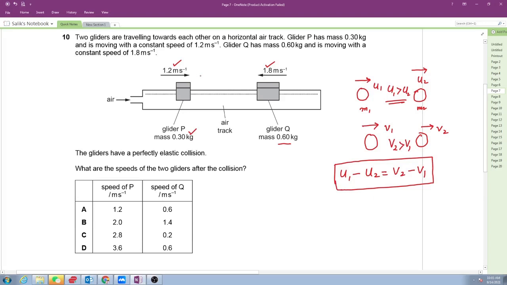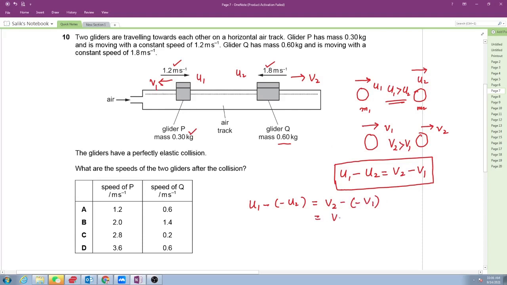If I consider this u1 and this u2, then I make the change in the equation. After collision, this one is going this way while this one is moving toward this side. So v2 is positive for the right one, and v1 is negative, so the equation is u1 minus u2 equals v2 minus v1.